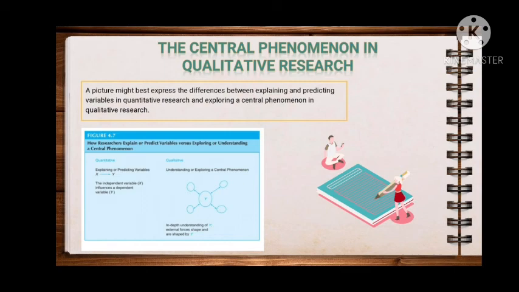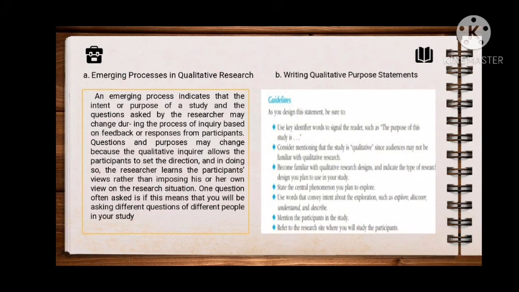The next, the emergent process in qualitative research. An emergent process indicates the intent or purpose of a study. The questions asked by the researcher might change during the process of inquiry based on the feedback or responses from participants.